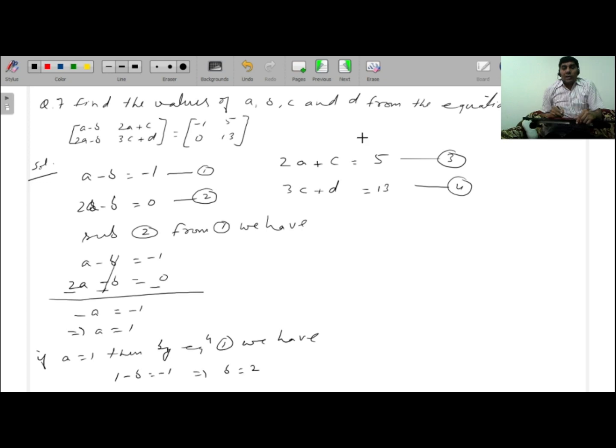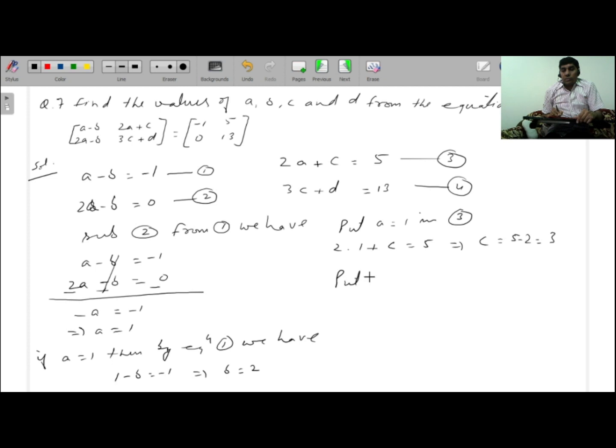Putting the value of a is equal to 1 in equation number 3, 2 into 1 plus c is equal to 5. This implies c is equal to 5 minus 2, which is equal to 3.